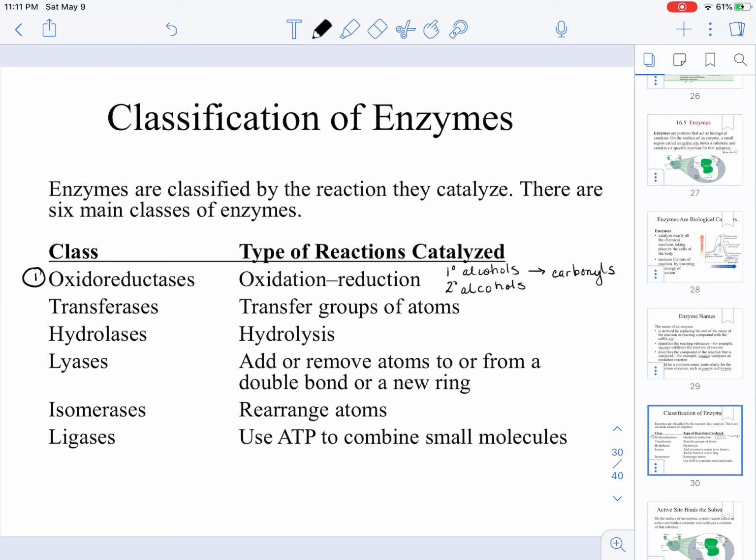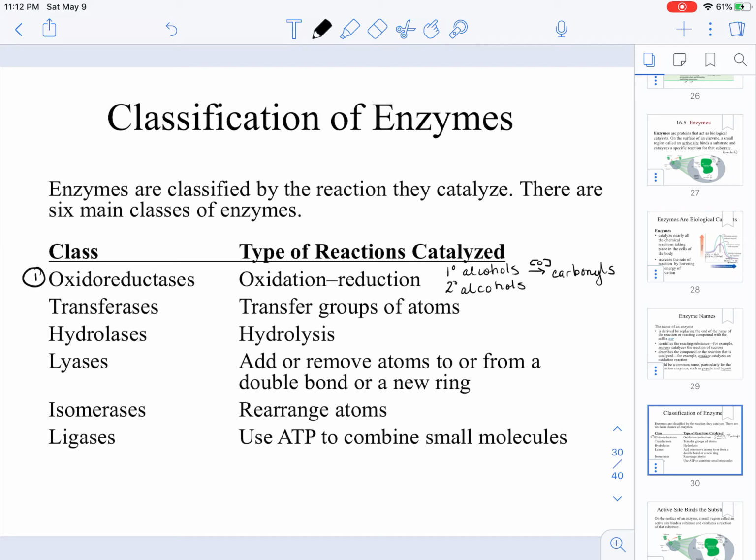Again, remember that we learned that primary alcohols can be converted to aldehydes or even carboxylic acids. Secondary alcohols can be converted into ketones. That represents an oxidation reaction. So if we see those conversions, remember that gives us an example of an oxidoreductase.